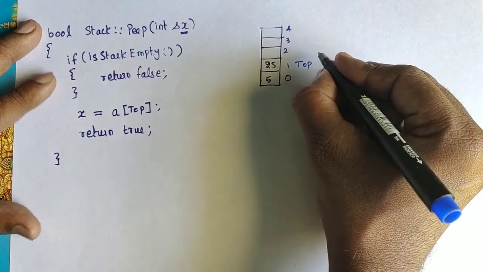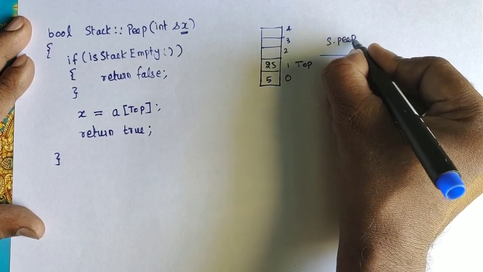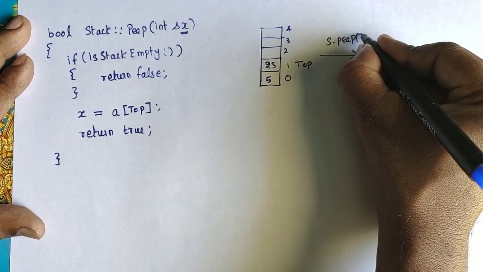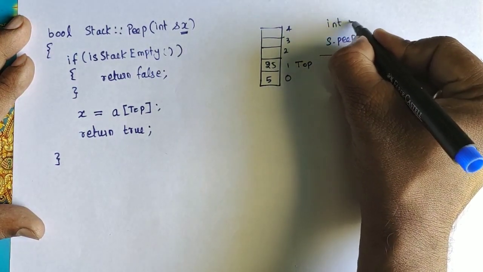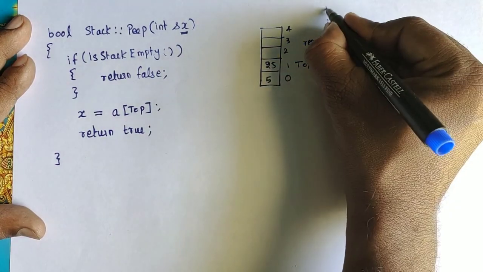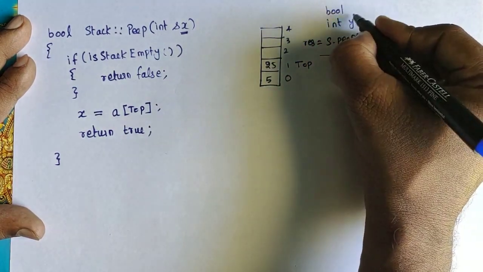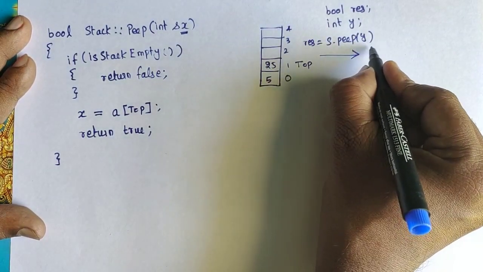Now if you are calling the peep operation, s dot peep of y. Here y is a backup, a local variable, int y, and res is a boolean type, bool res. So res equal to s dot peep of y.